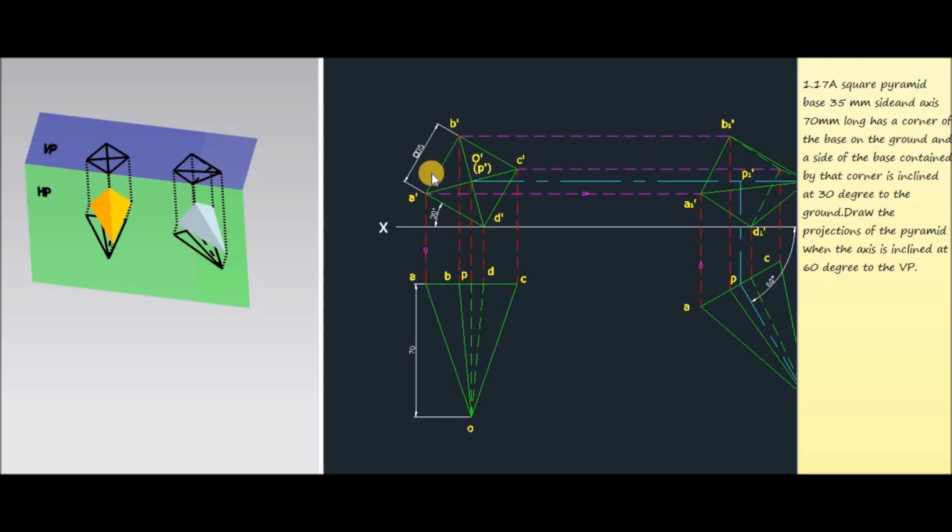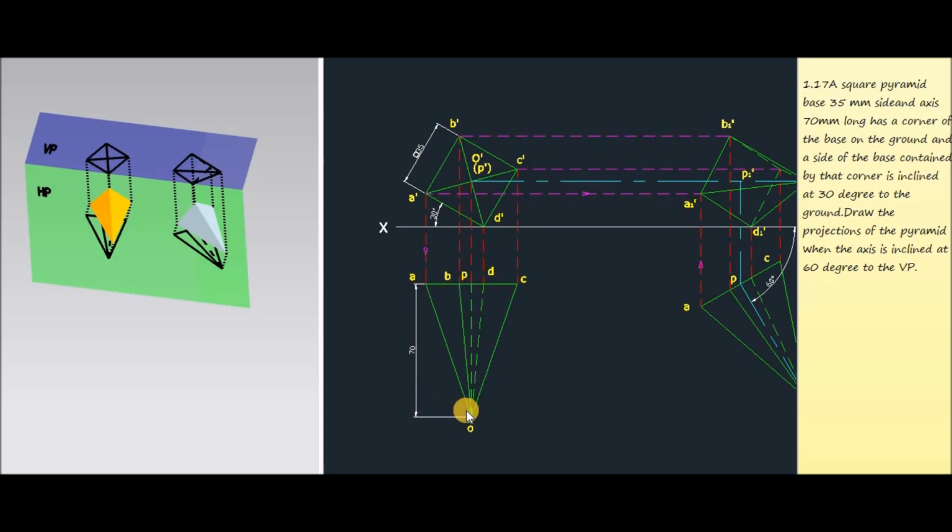Now we can complete the square by taking the dimension 35 mm base edge. Then in order to get the front view, we project all these bottom corners and the vertex in the downward direction perpendicular to the XY line, represented by dotted lines. Again it is given that the height of the pyramid is 70 mm.